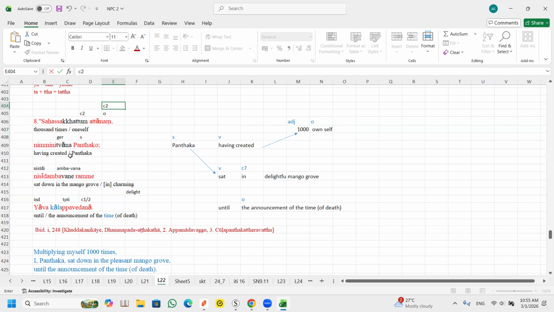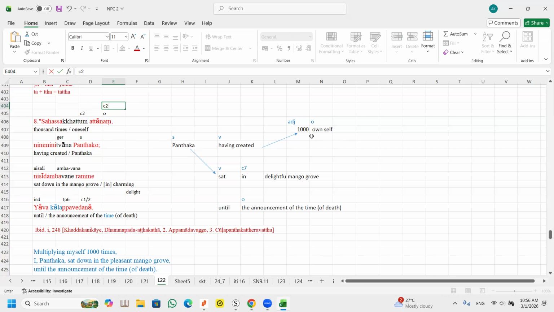Now, this gerund, you seldom see tuana. Normally you see tua ni tua, that is tuana. The name is Pantaka. Can you see the word Pantaka? That means this is going to be the subject. So Pantaka, having created 1,000 own self. Don't worry about this already.